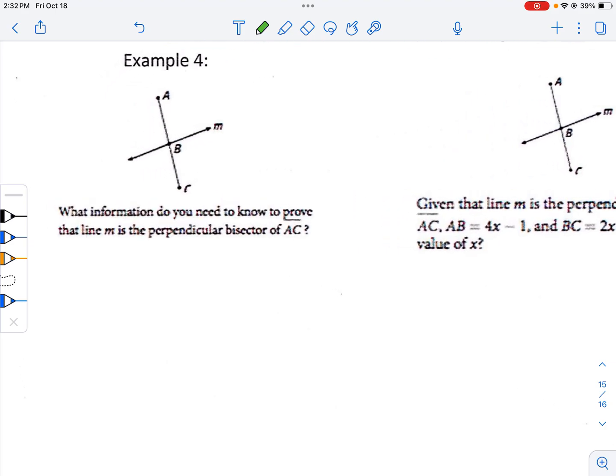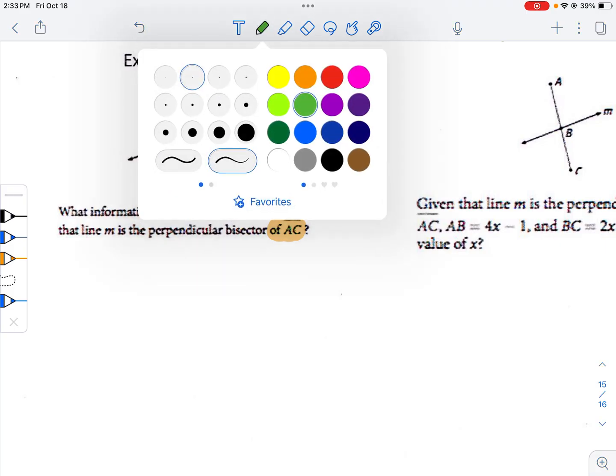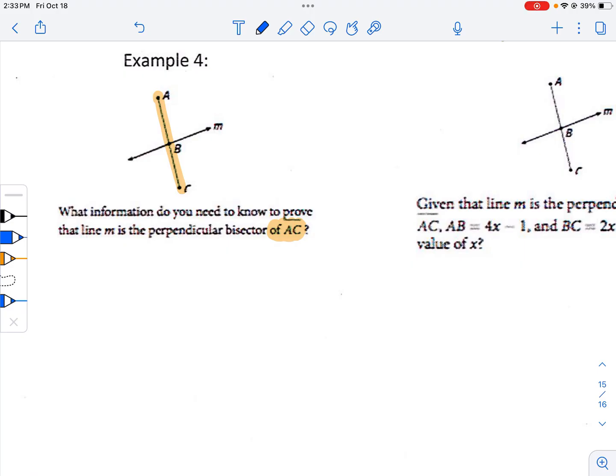Looking at example 4, what information do we need to know to be able to prove that line M is the perpendicular bisector of AC? So we want to be able to prove, remember, of AC. That means we want to prove that AC was actually bisected. Okay, well, in order to prove that, we're going to have to know, does AB equal BC, right?